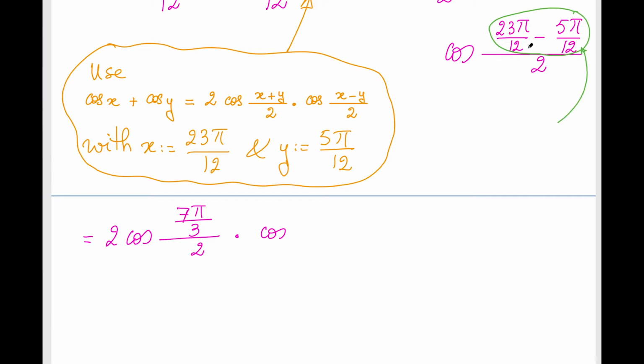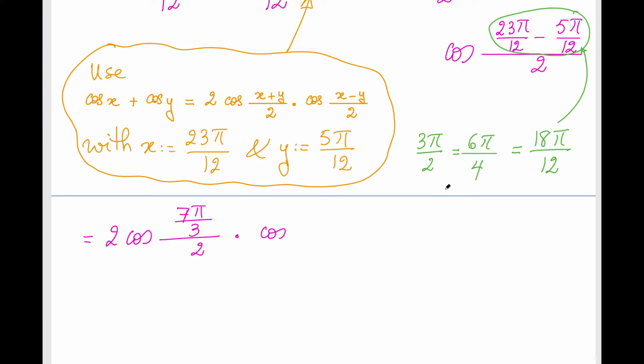23 pi over 12 minus 5 pi over 12, same denominator. 23 pi minus 5 pi is 18 pi over 12, right? And if you simplify here by 3, we get 6 pi over 4. If you simplify by 2 again, you get 3 pi over 2.